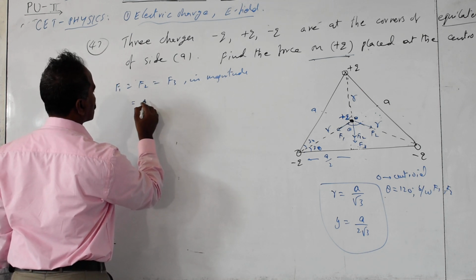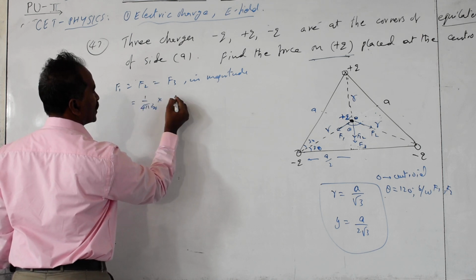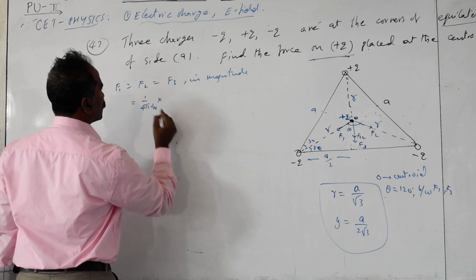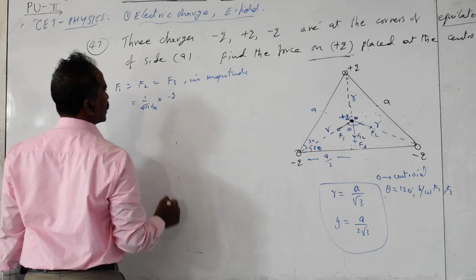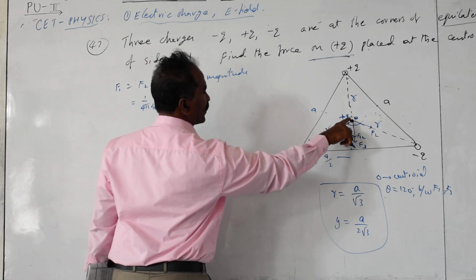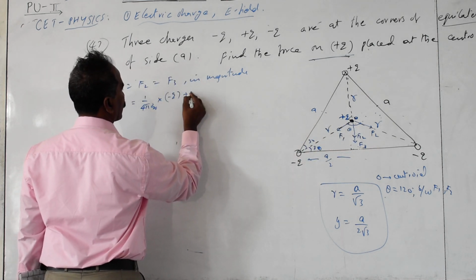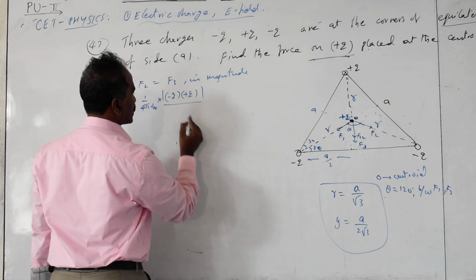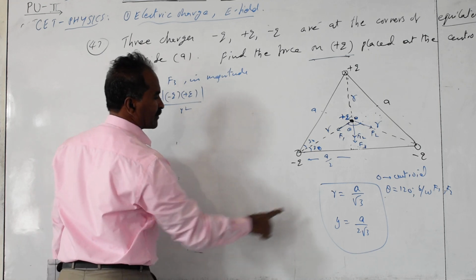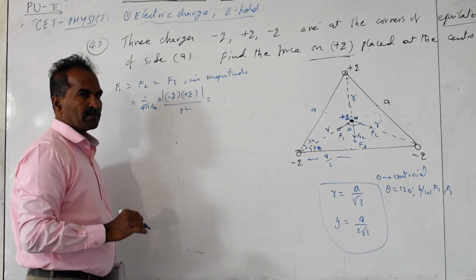force F is equal to 1 by 4 pi epsilon naught into Q1, this is minus Q, into this charge, the force we are finding on this, into plus Q, magnitude by distance square, that is r square. What is the r value to substitute here? Options are given in terms of the symbols only.